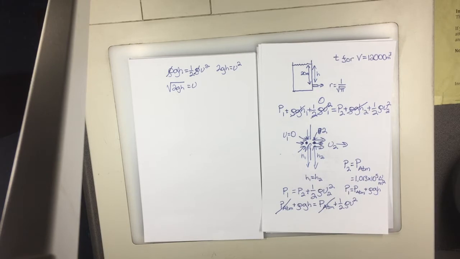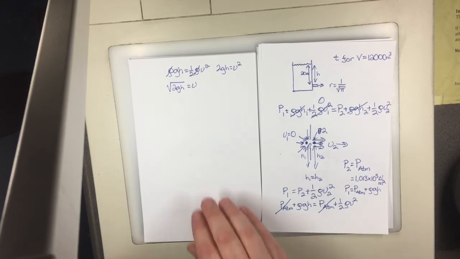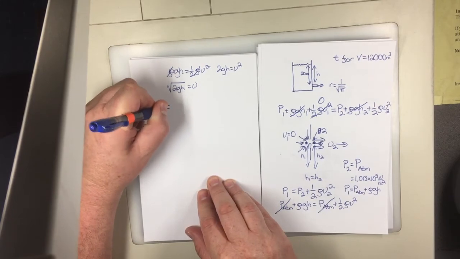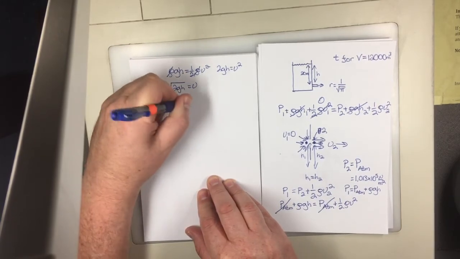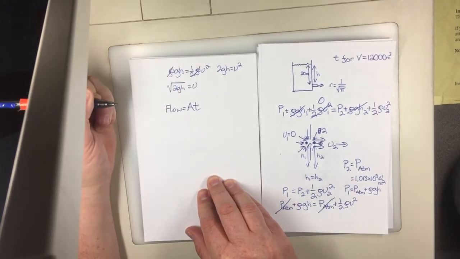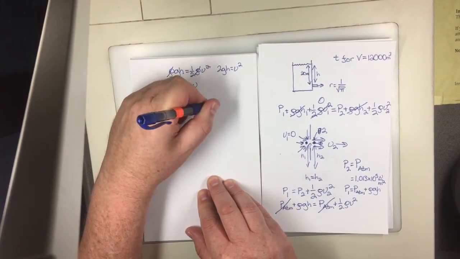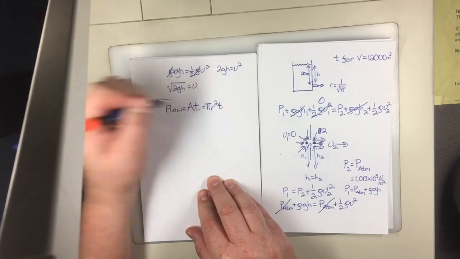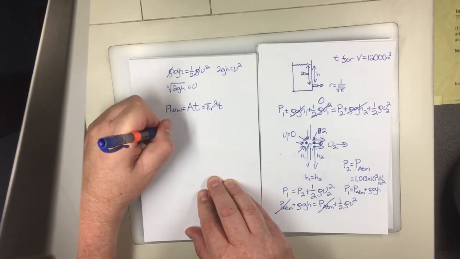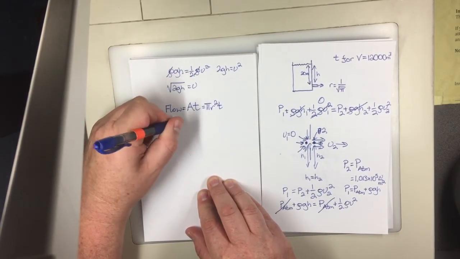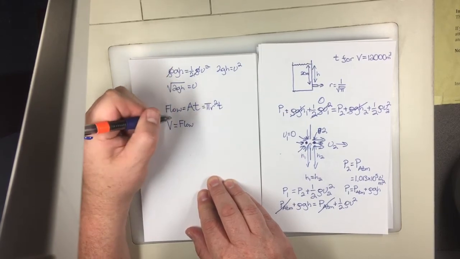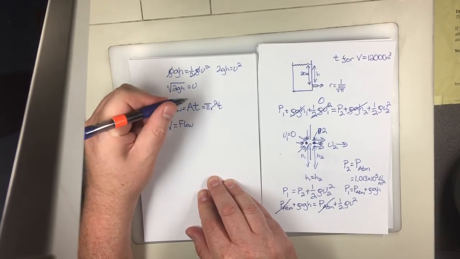Square root of 2GH. Now I'm looking for the total volume. Flow is area times time, which is pi r squared times time. The volume is flow, I'm sorry, oh, hold on.